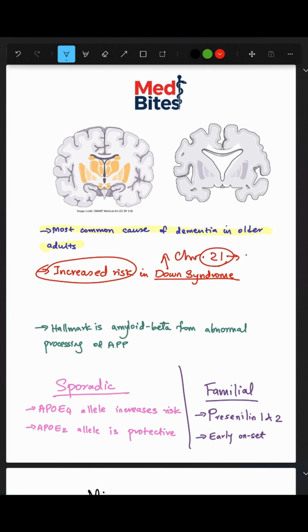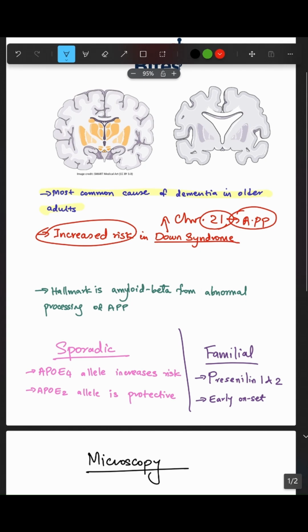Now, chromosome 21 has this gene called the amyloid precursor protein gene. And if you have more copies of this chromosome, you're going to express more amyloid precursor proteins, which means more amyloid is produced, hence increasing the risk of Alzheimer's at a much younger age. So what actually causes Alzheimer's? Well, now you know.